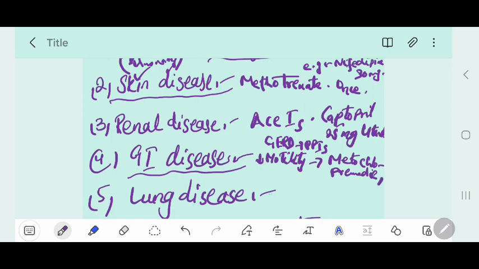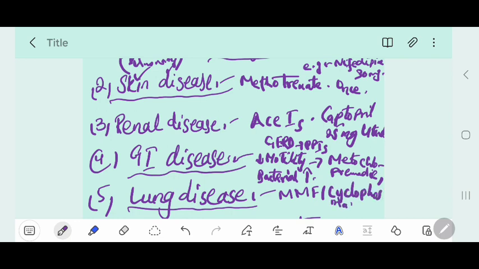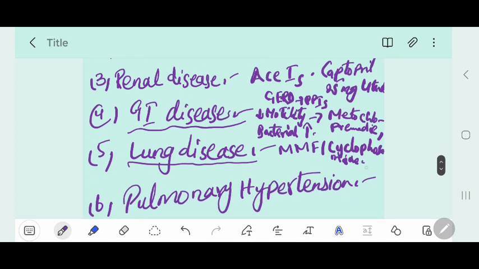While for bacterial overgrowth, you will give antibiotics like rifaximin. In case of lung disease, we will give mostly mycophenolate mofetil or cyclophosphamide. These drugs decrease the rate of progression of disease, that is, fibrosis is decreased.